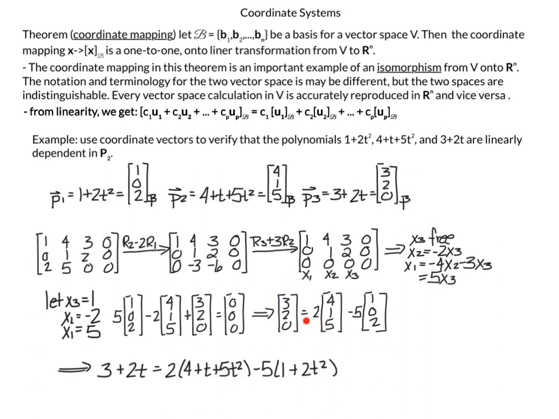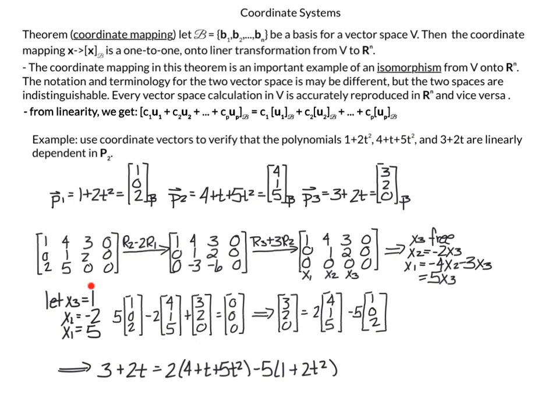And now I can convert this back to my polynomials. So my 3 plus 2t plus 0t squared is equal to 2 times my 4 plus t plus 5t squared minus 5 times 1 plus 0t plus 2t squared. So now I have written this third polynomial as a linear combination of the other two.